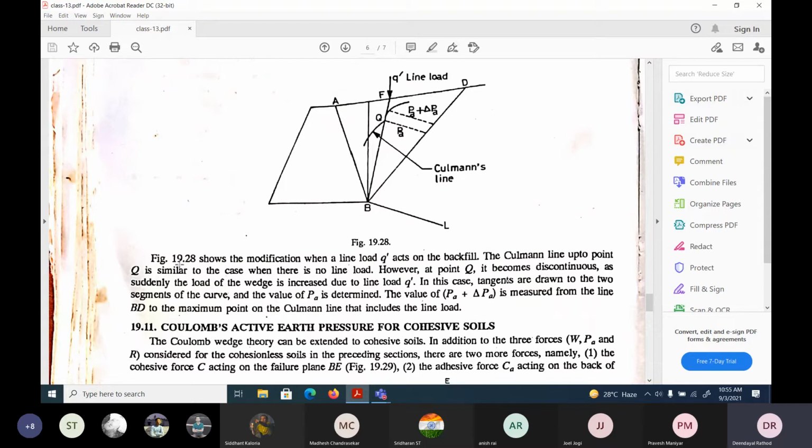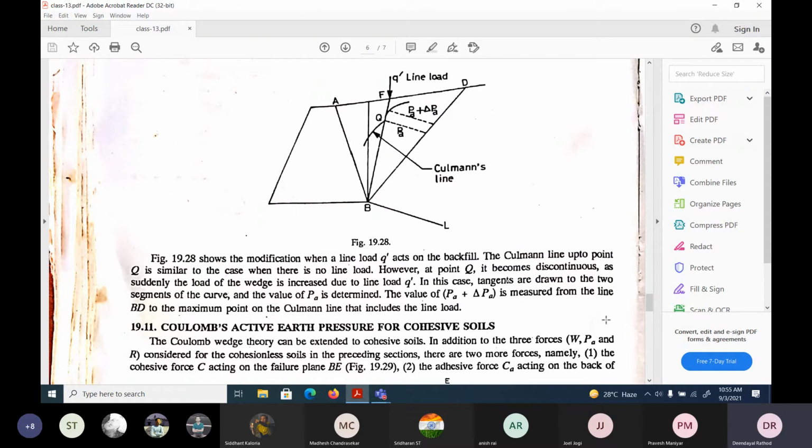Okay, what is given in the figure shows the modification when the line load Q dash acts on the backfill. The Culmann's line up to a point Q is similar to the case when there is no line load.